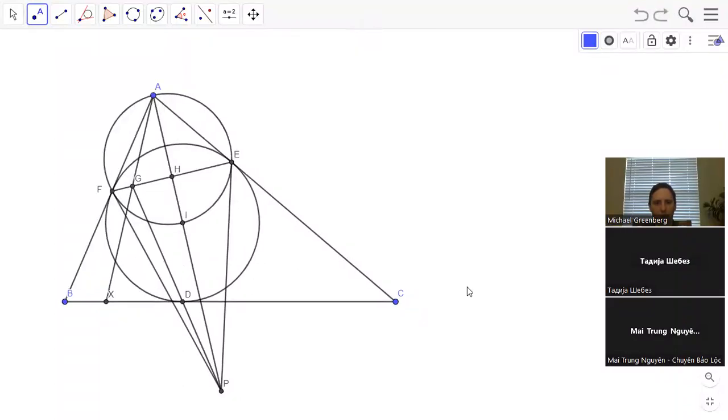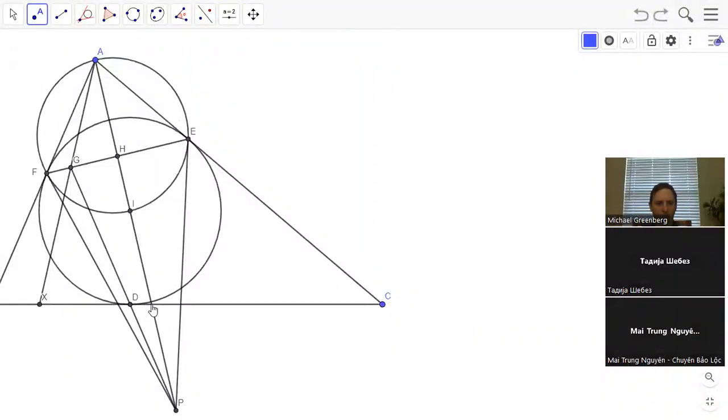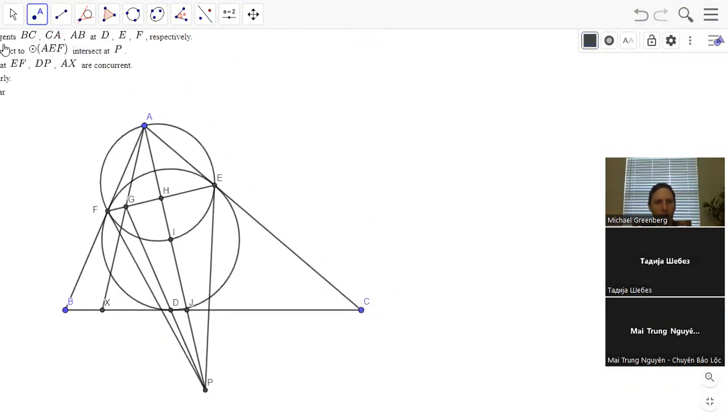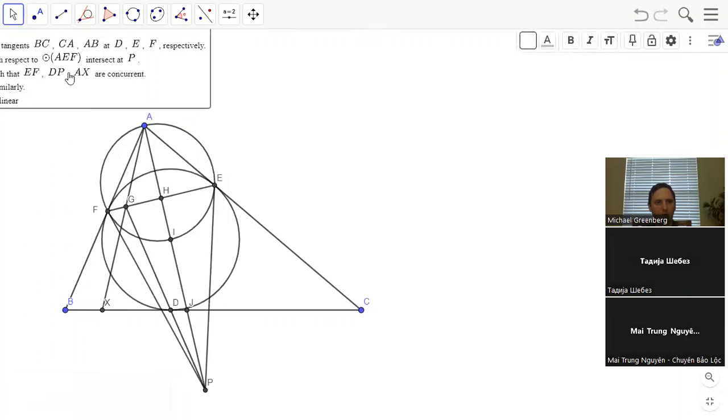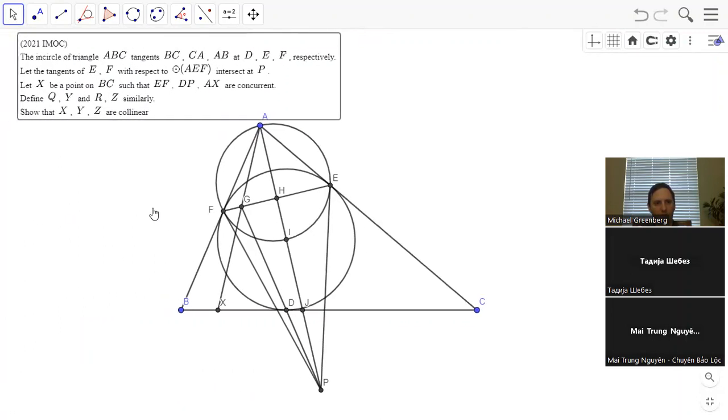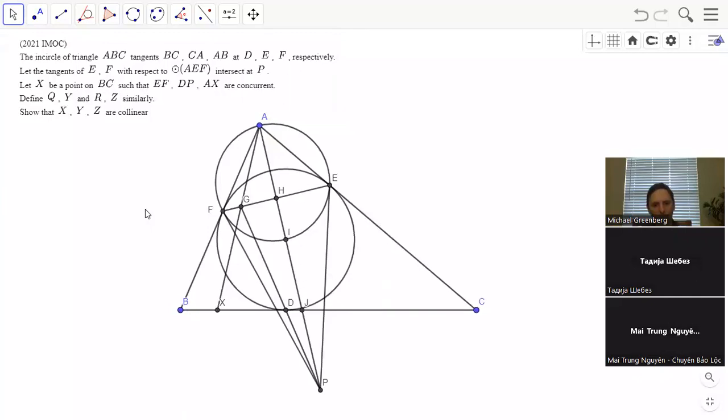Oops. Probably need to make it bigger. And so we have BXJC, that cross ratio is FGHE. From there, maybe we can get BX over XC, and then we could use Menelaus.